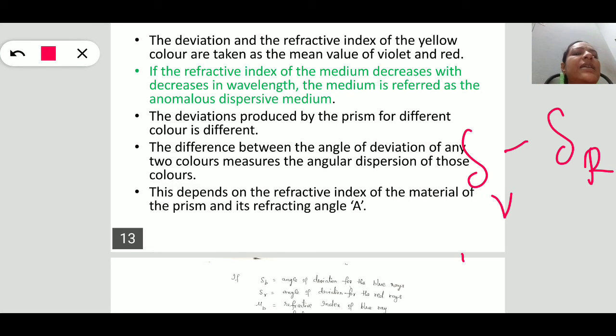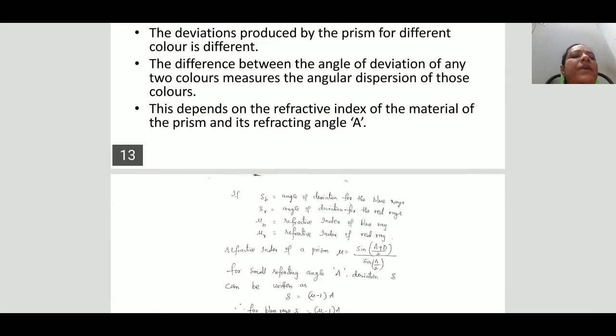Let us derive an equation for dispersive power.